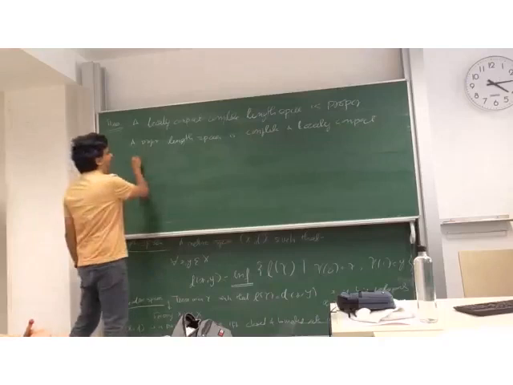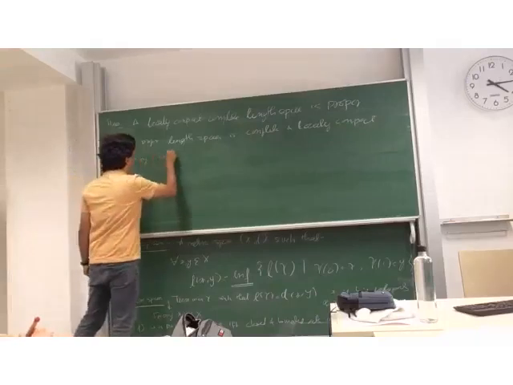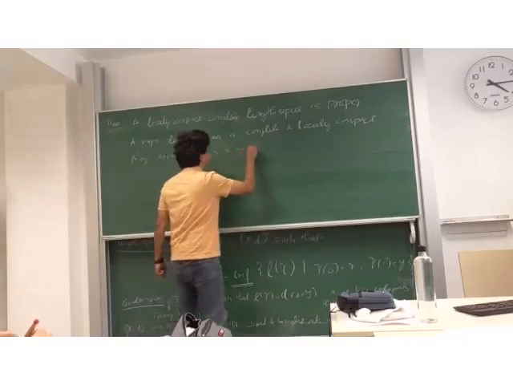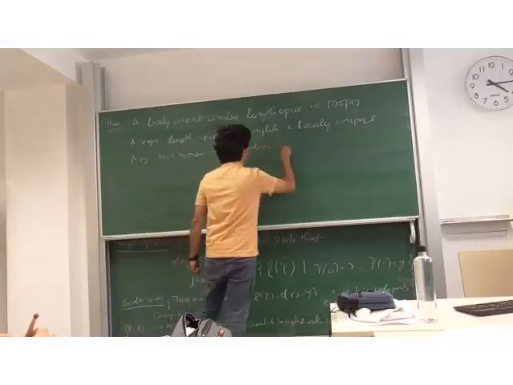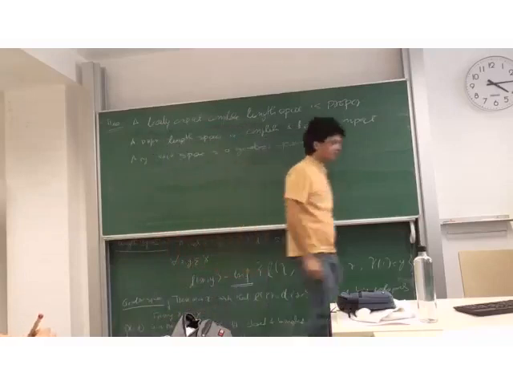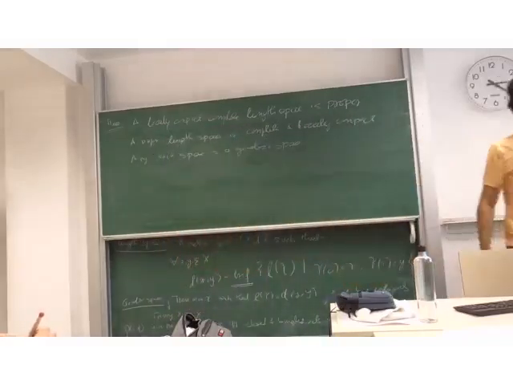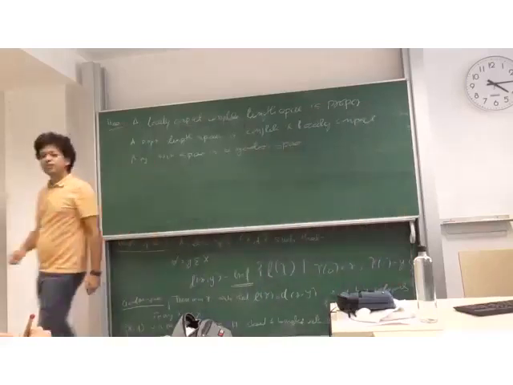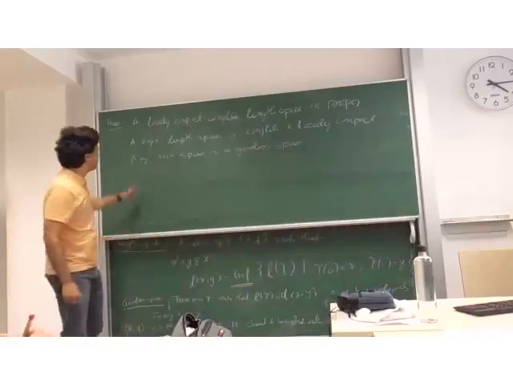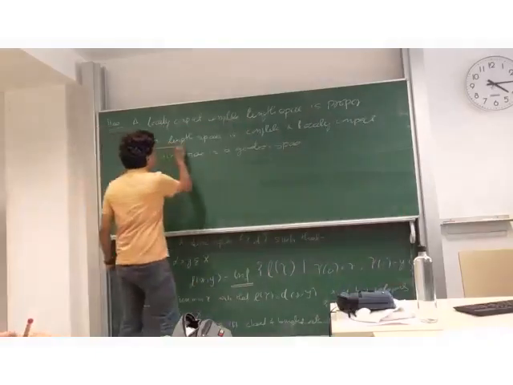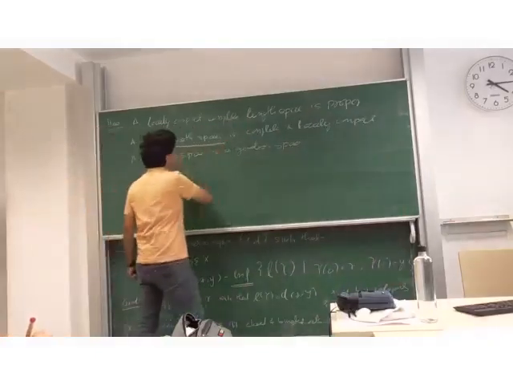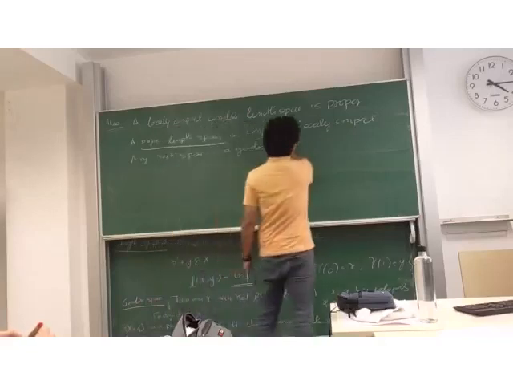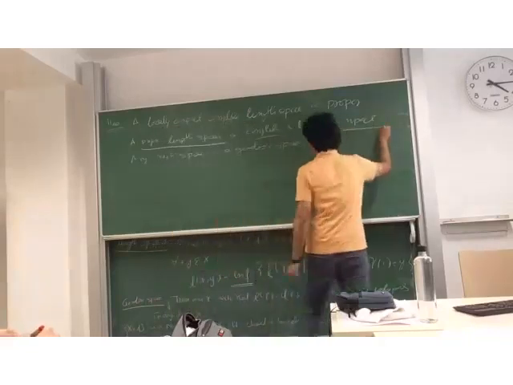Any such space is a geodesic space. Okay, so if you have what looks like a very natural condition, properness, and length space, then you are automatically guaranteed completeness, local compactness, and geodesicness.